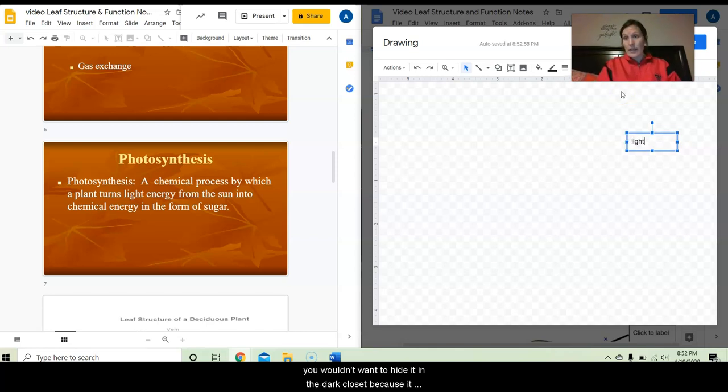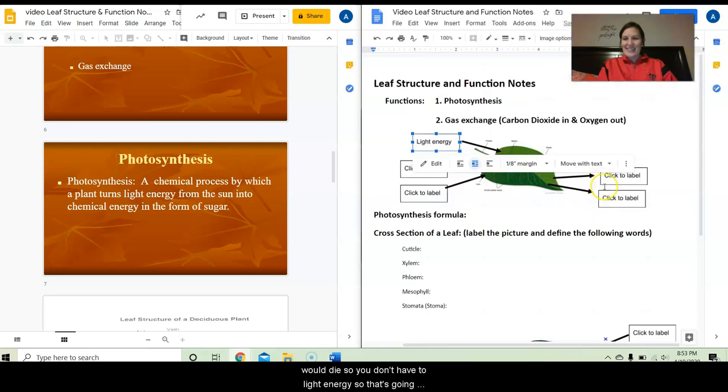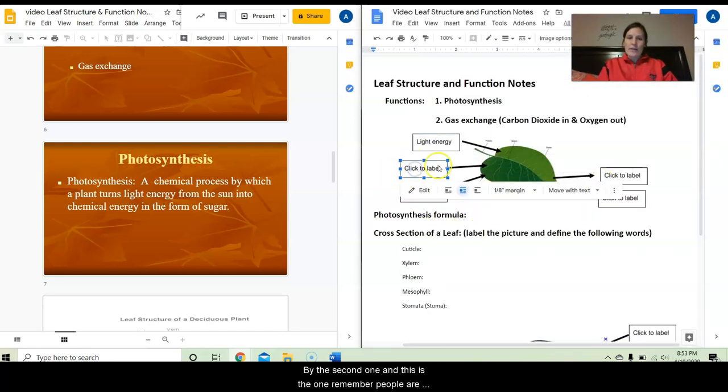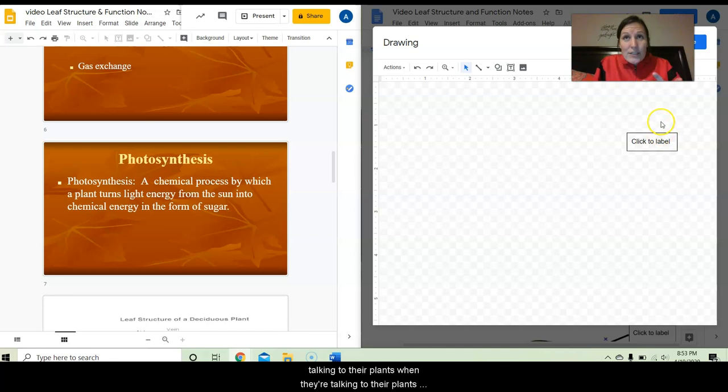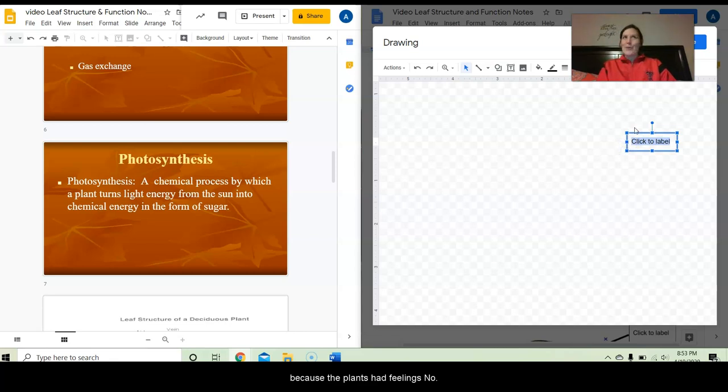Well, the first thing is you wouldn't want to hide it in a dark closet because it would die. So you've got to have light energy. That's going to be the first one. The second one is the one where people talk to their plants, and when they're talking to their plants, they grow better, and some people thought it was because the plants had feelings. No, the reason they were growing better was because when I talk to you, what am I breathing on you?